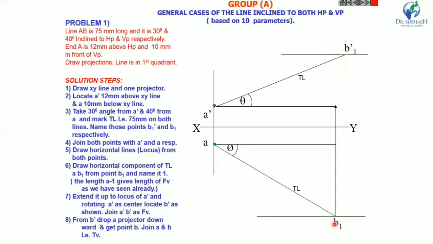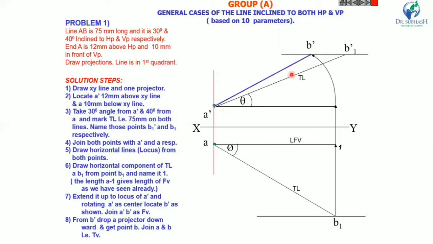Now from this B1, draw a vertical upward line. This is the LFV. Now with A dash as center and radius equal to this LFV, draw an arc. It will intersect this locus at B dash. Join A dash B dash.